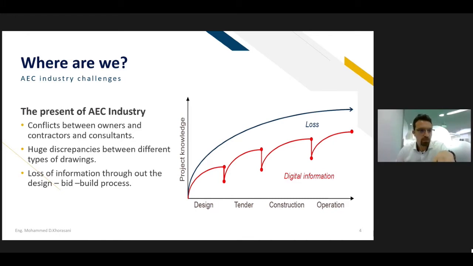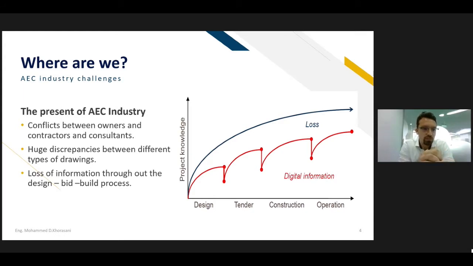When we talk about the challenges that face the industry nowadays, there are lots and lots of discrepancies between the different disciplines of drawings.